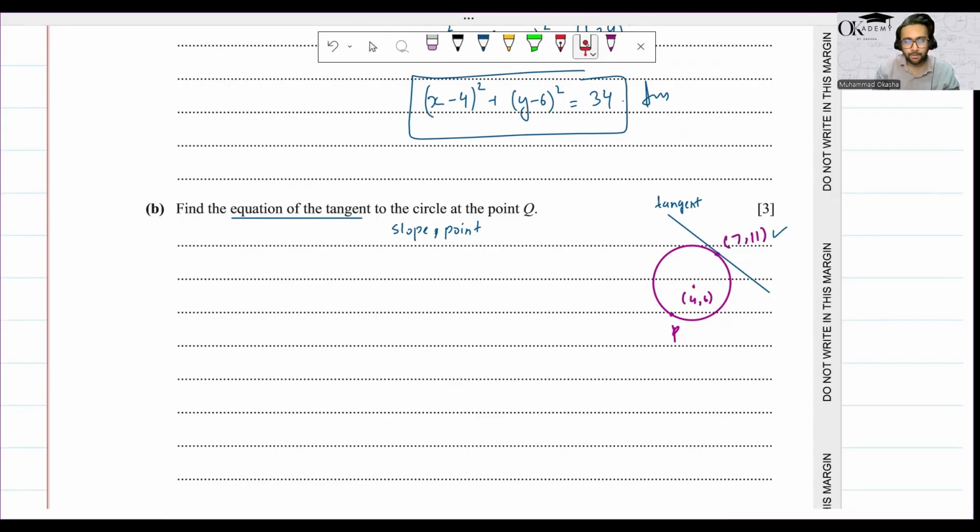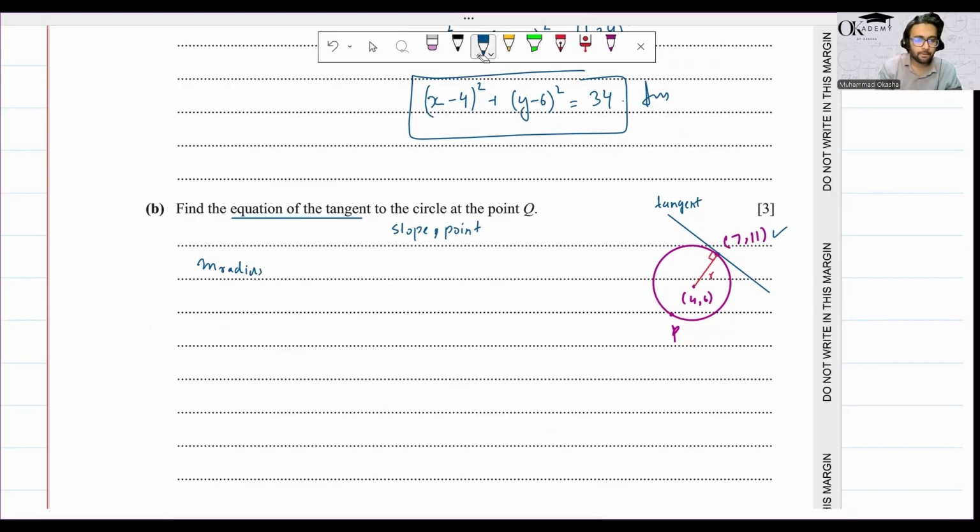What I can do is draw a radius. We know that the radius is always perpendicular to the tangent, right? So I can work out the slope of the radius first, and take the negative reciprocal of the gradient of the radius, and I can get the gradient of the tangent, right?